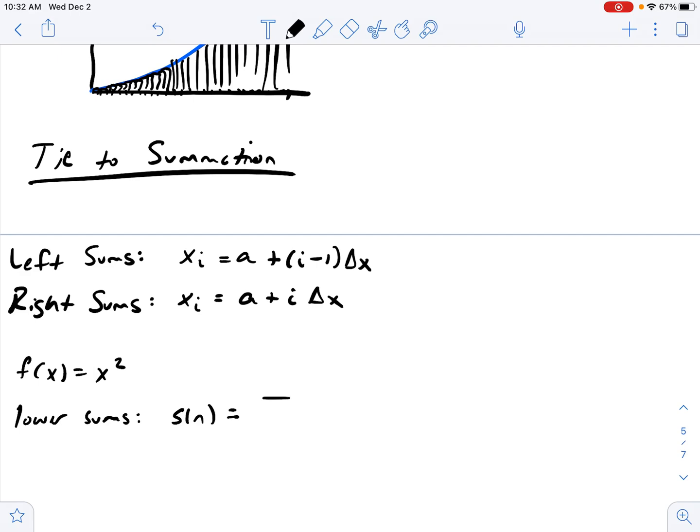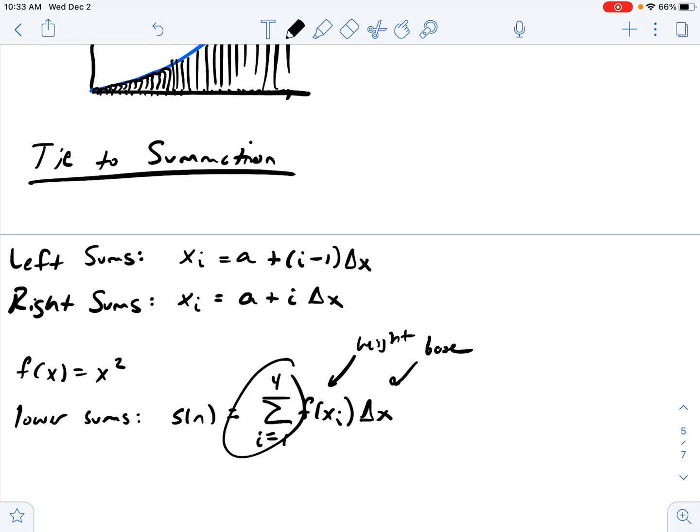So S sub n is going to equal, here's how I'm going to write it. Look, how many rectangles did we have? 4. So it's the summation as i goes from 1 to 4 of f of x sub i, we need the height at the appropriate x value, times delta x. Look, this is height times base. What we're doing is computing the areas of rectangles, and we're adding 4 of those together here, okay? So this is how I could notate this stuff.